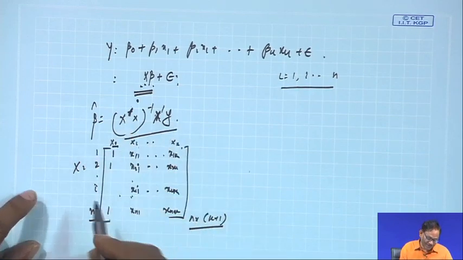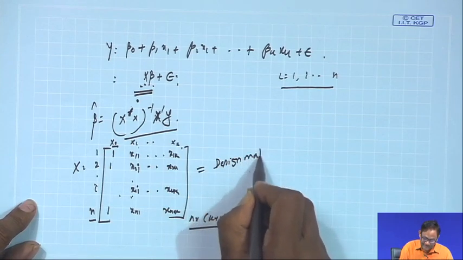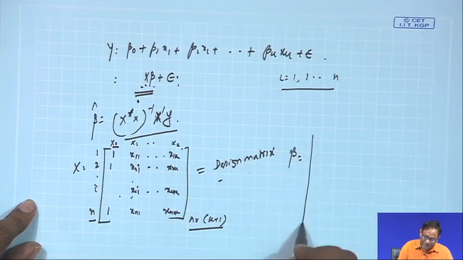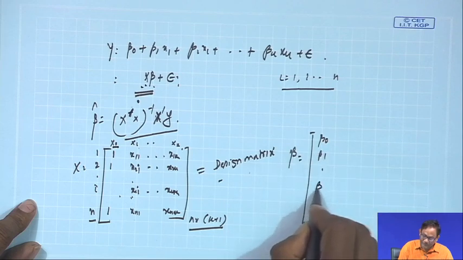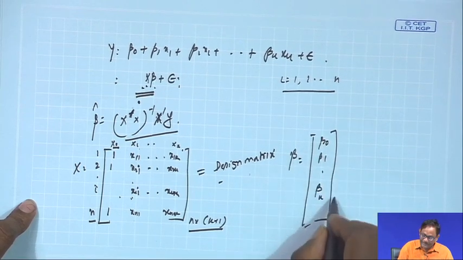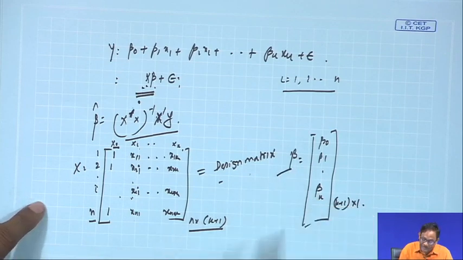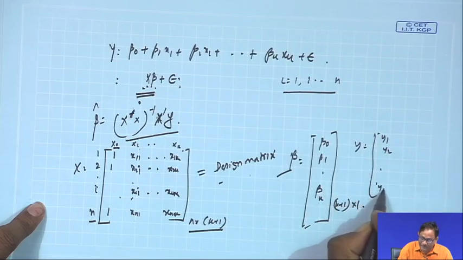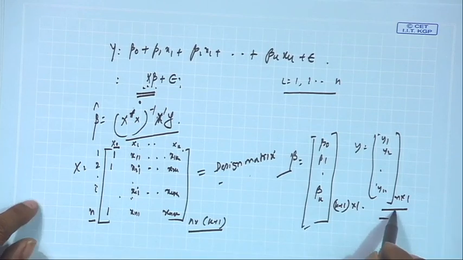This is known as the design matrix. And beta will be beta 0, beta 1, 2, to beta k, this will be k plus 1 cross 1 parameters to be estimated, and y is y1, y2 to yn, this is n cross 1, which is the dependent variable observations.